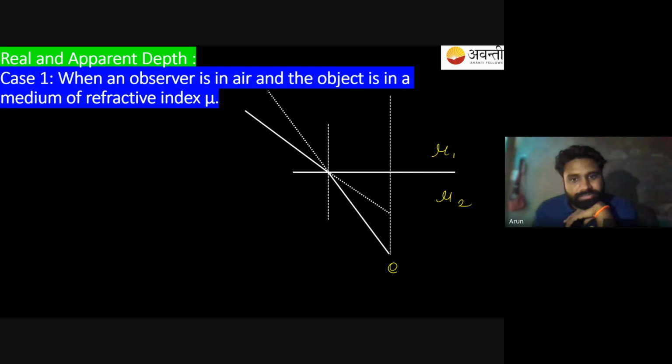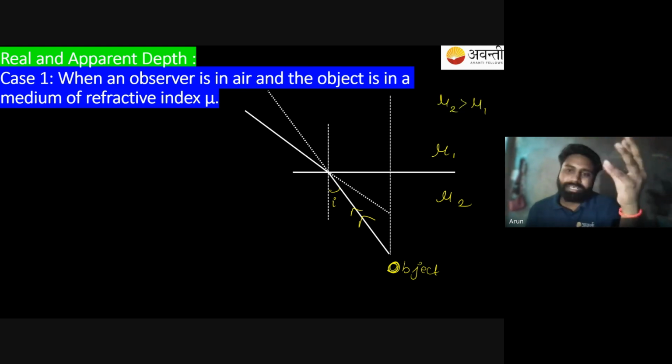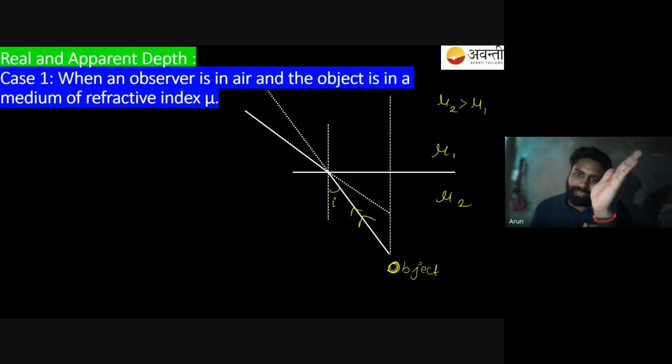This is the angle of incidence, I, and as mu2 is greater than mu1, this ray is moving from denser to rarer medium, so it will move away from the normal.